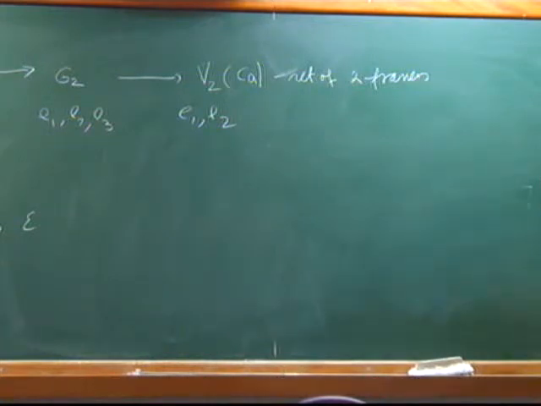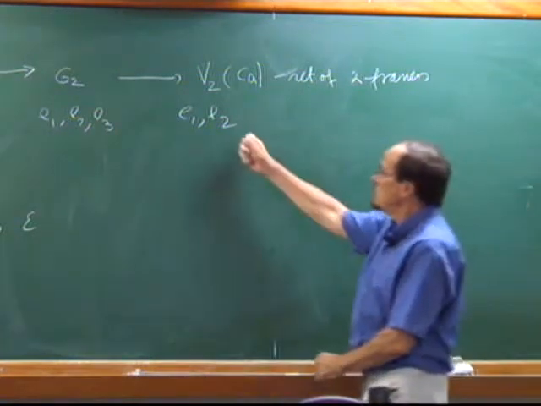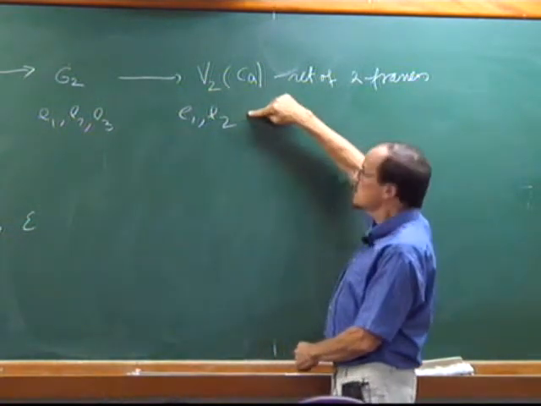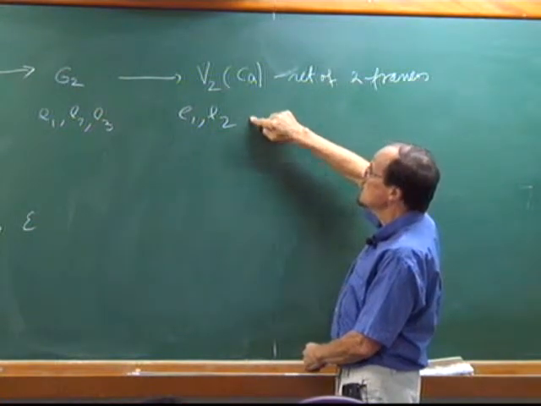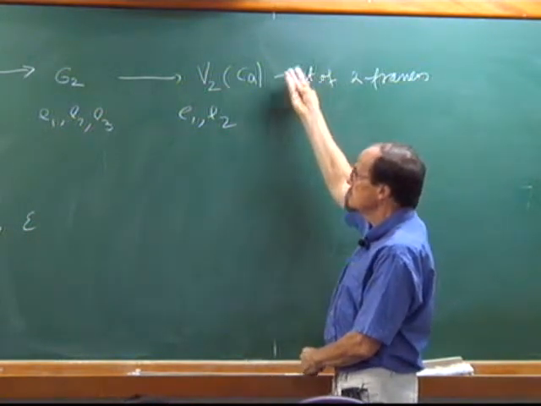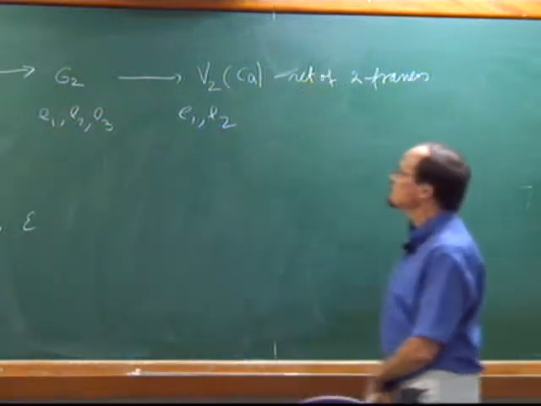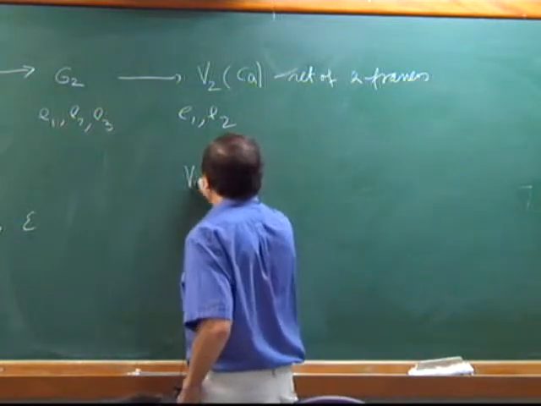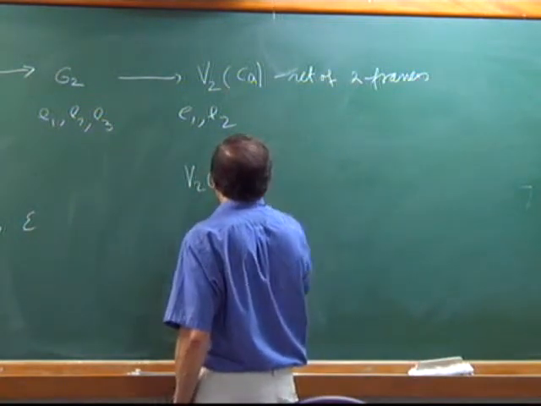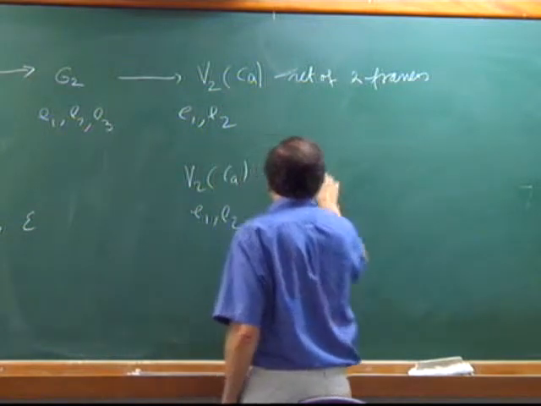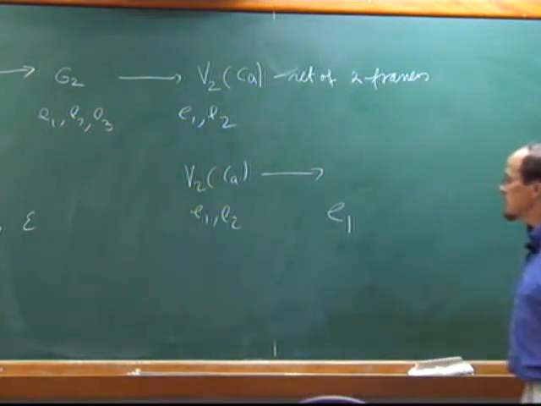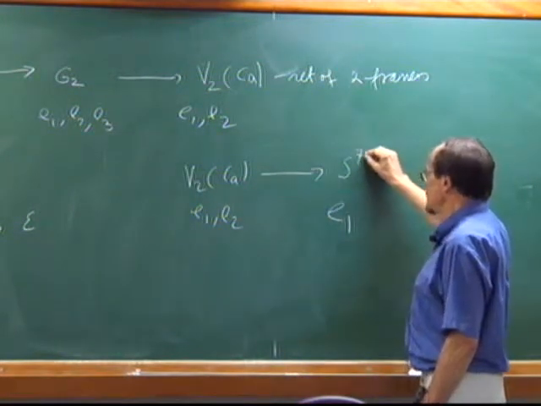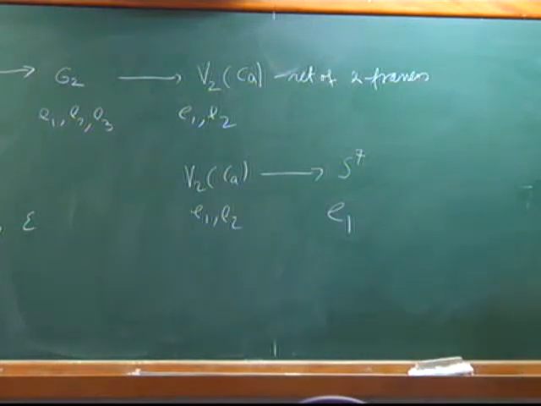So I understand what this is saying. E1, E2: I know that E3 must be orthogonal to this and its product. That's a 3-space in R8. So it must be orthogonal to that, which is an R5, a unit vector. So it lies in S4. Furthermore, for the Stiefel manifold, I have another fibration which takes this to its first vector, which is S7, a unit vector in the Cayley numbers.